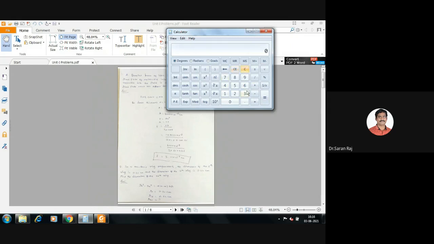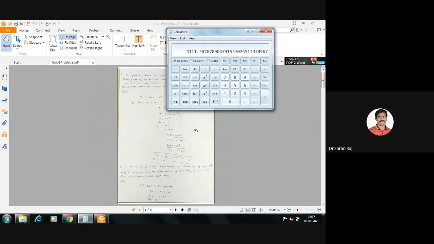Now 6000 divided by 1.9284 gives 3111. You get 3111 into 10 power minus 8.